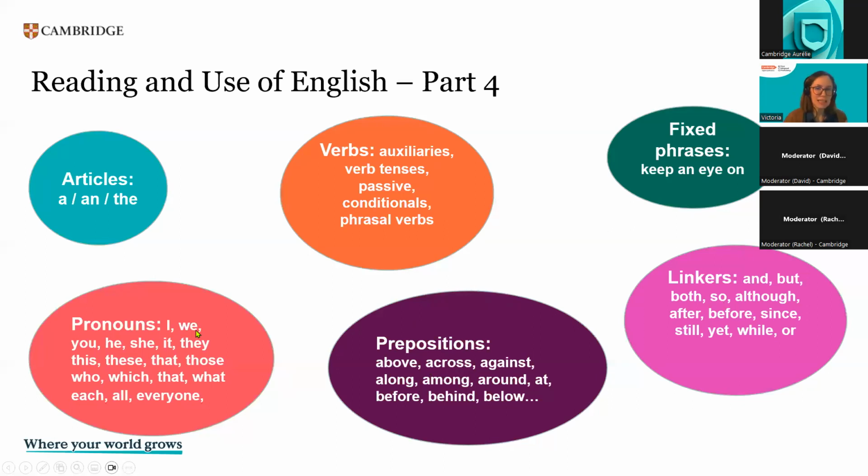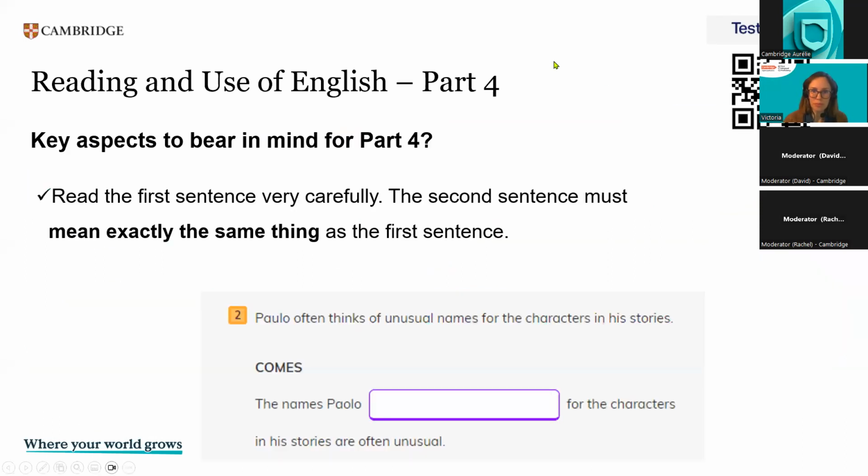So you can see there is a wide range of words that you may need to include in this part of the text, but as you can see, they are kind of grammar words rather than content words. So let's look at how to approach part 4.